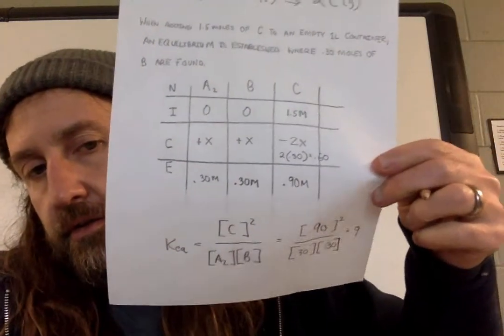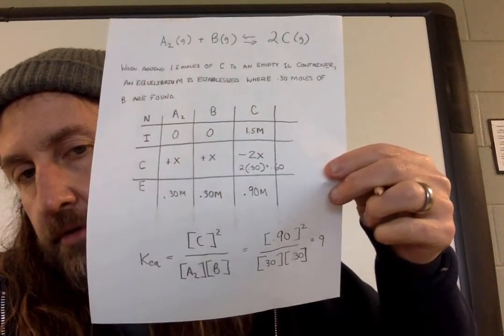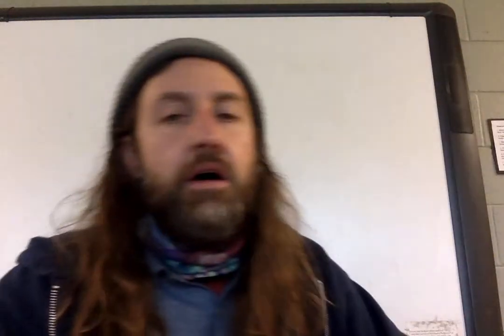And so that's going to be divided by 0.3 times 0.3, and I get a nice answer of 9. So pretty simple, not a big deal. That's all I got.